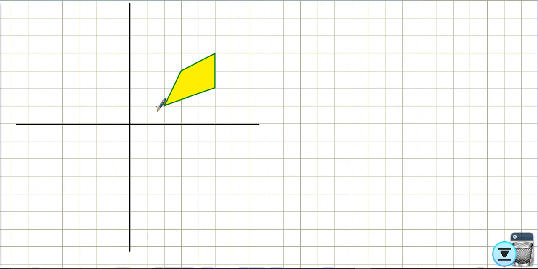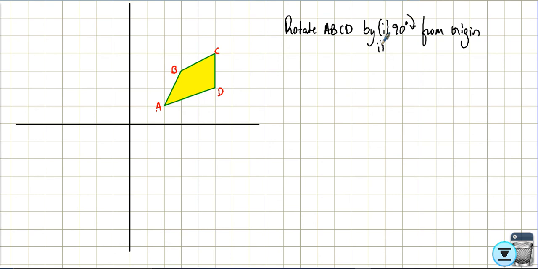So we have this shape ABCD, and our objective is to rotate ABCD, number 1, by 90 degrees clockwise from the origin; number 2, by 90 degrees anti-clockwise from the origin; or number 3, by 180 degrees from the origin. Remember that for 180, it doesn't matter if it's clockwise or anti-clockwise, it will give the same result.